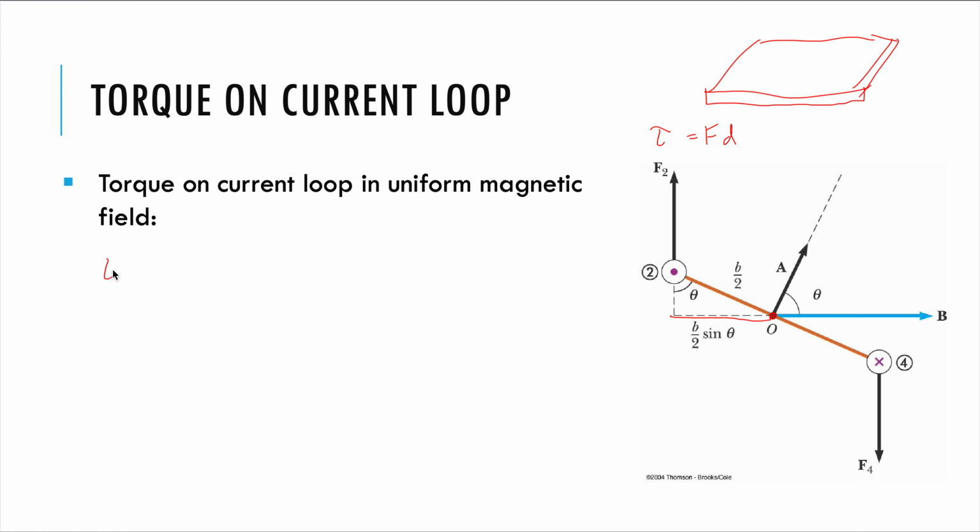So the torque on this loop now, the magnitude of the torque, is going to be F2 b over 2 sine theta, right, instead of just F2 b over 2. And then we're going to add up the torque due to F4 as well, plus F4 b over 2 sine theta.